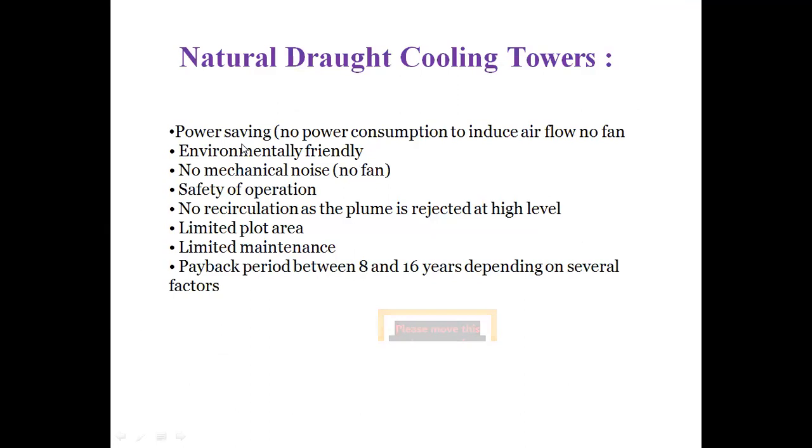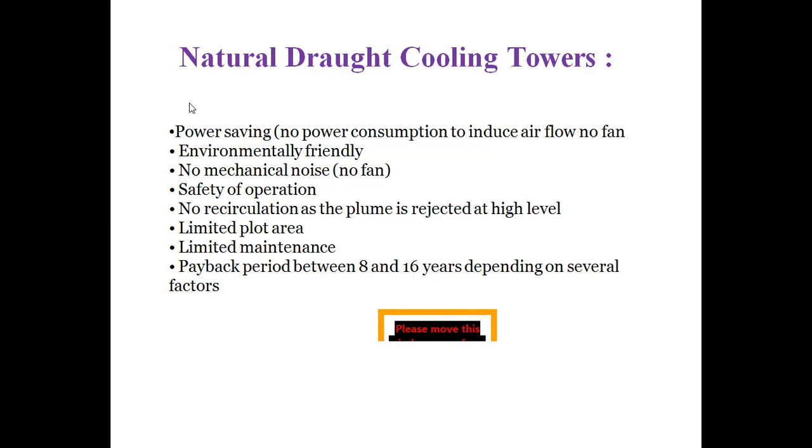The advantages of natural draught cooling towers are: it is power saving, with no power consumption to induce airflow, and it is eco-friendly. Here we are not using a fan; due to the air density difference only, the air flows from bottom to top.